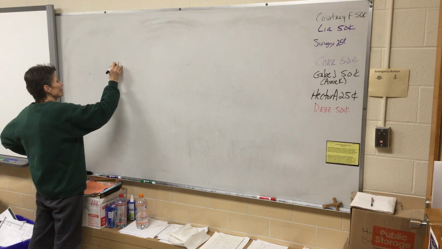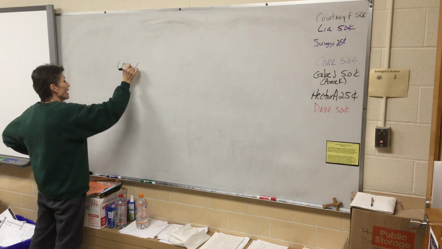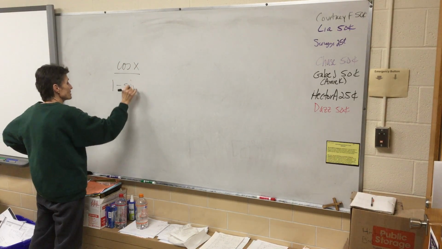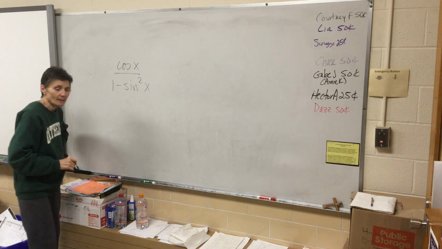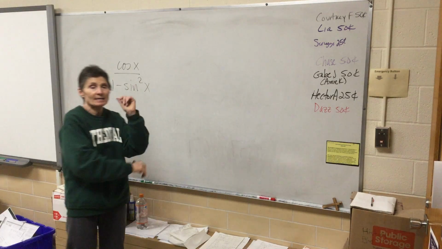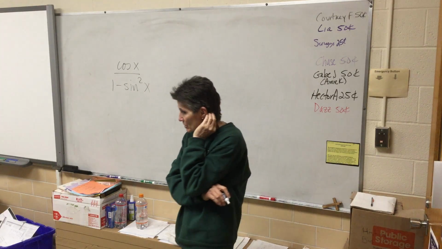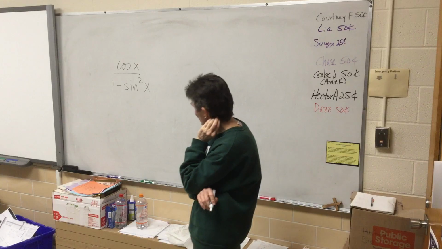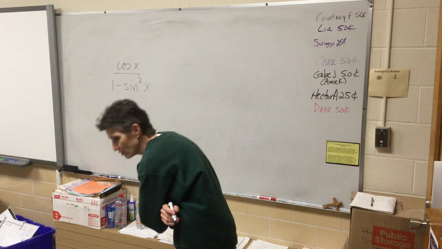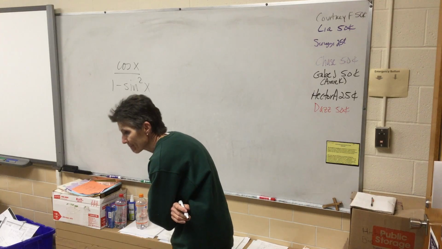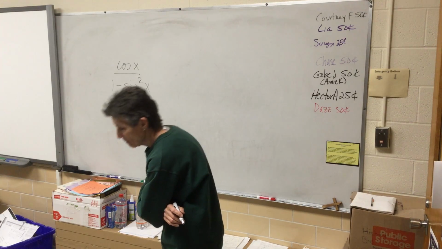So let's try this. Let's say we have cosine x over 1 minus sine squared. And our job is to simplify this. That's what the directions say, simplify. So what do you think when you look at this problem? What occurs to you? Cosine squared on the bottom.